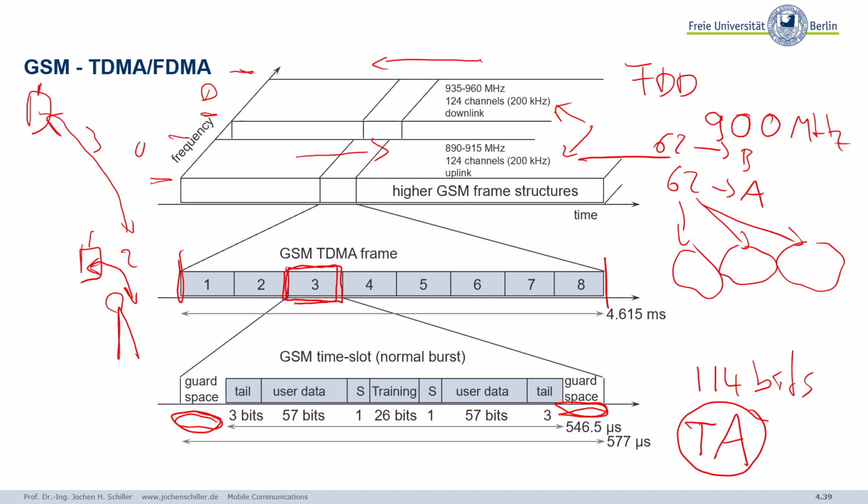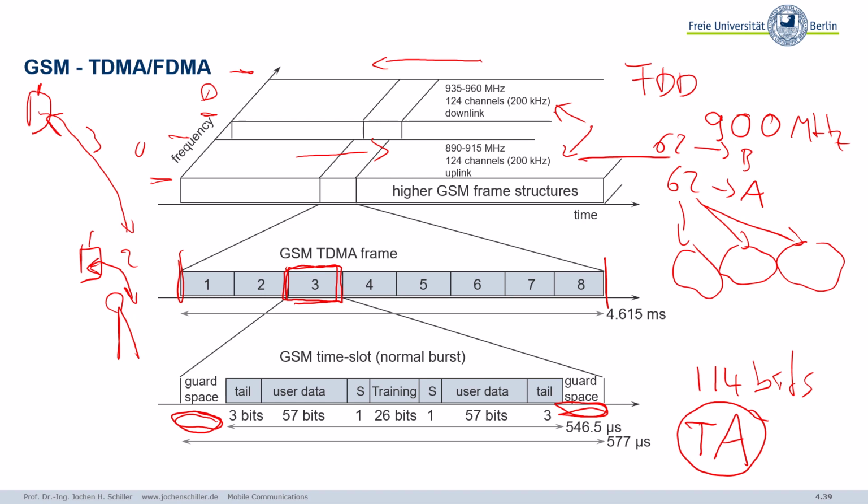And additionally, you have a time advance field where you actually tell the mobile station, depending on the distance, how much you have to send your data earlier so that it will exactly reach the BTS when it's your turn, when the BTS expects your data for the appropriate time slot.